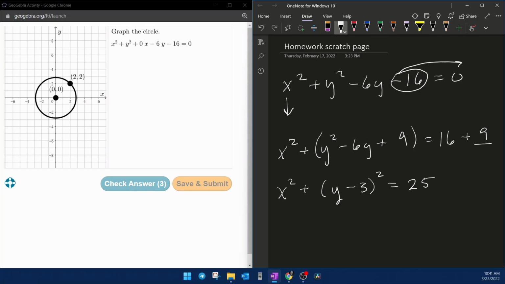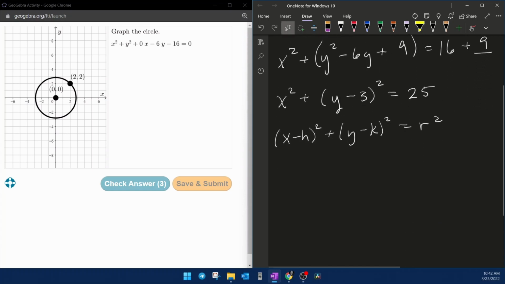And at this point, we are in standard form. So again, I'm going to write the formula so that you can see how the terms line up. That is (x minus h) squared plus (y minus k) squared equals r squared. Okay, so what would the value of h need to be so that this term simplifies to only x squared?